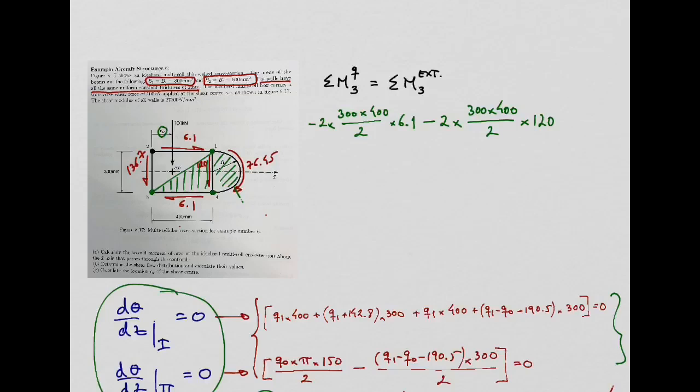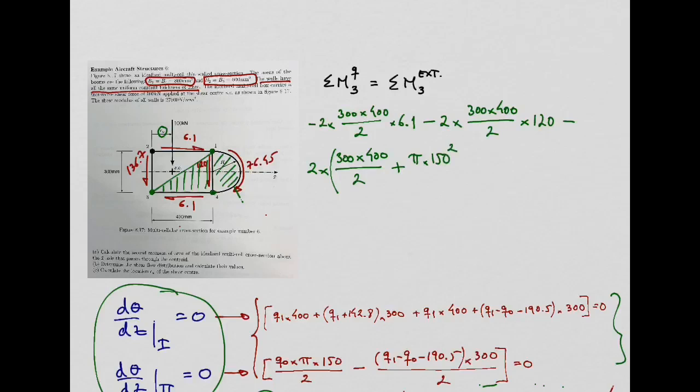So the moment is going to be clockwise as well. 2 times the area, first the area of the triangle, so we might need to open a bracket here, 300 times 400 over 2, plus the area of this semicircle. The area of a circle is pi times the radius squared.